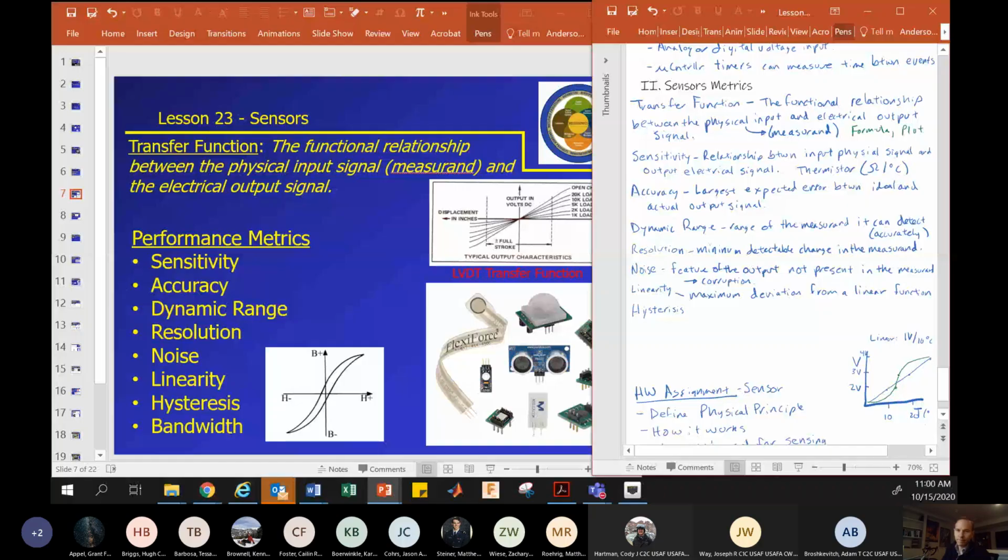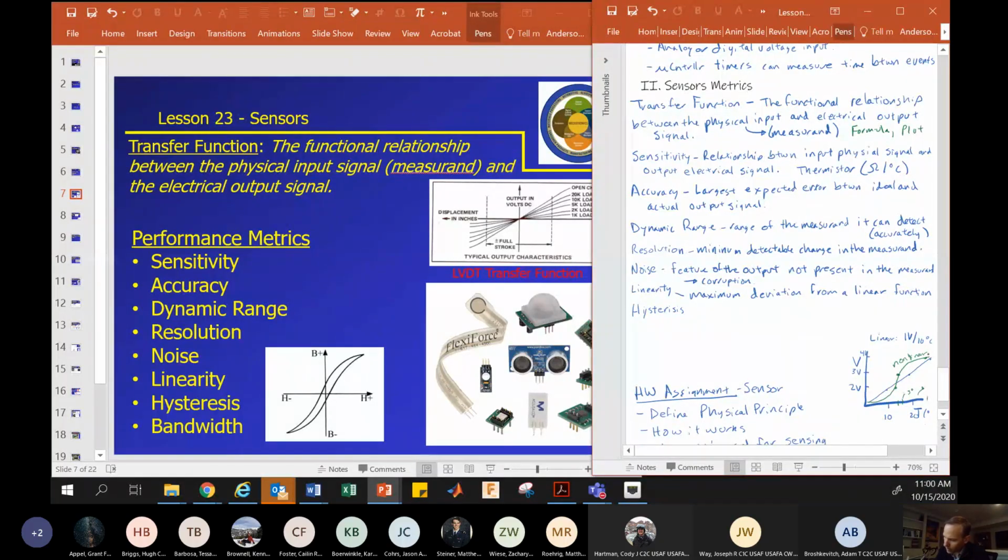See that? So that's the difference between linear and non-linear. And so we can deal with non-linear sensors, but it's just more complicated. It's a lot simpler to have a linear sensor. What you often get is the manufacturer will tell you the sensor is linear within this range. So then you try to limit your use of the sensor to that range of values. Okay, any questions on that?